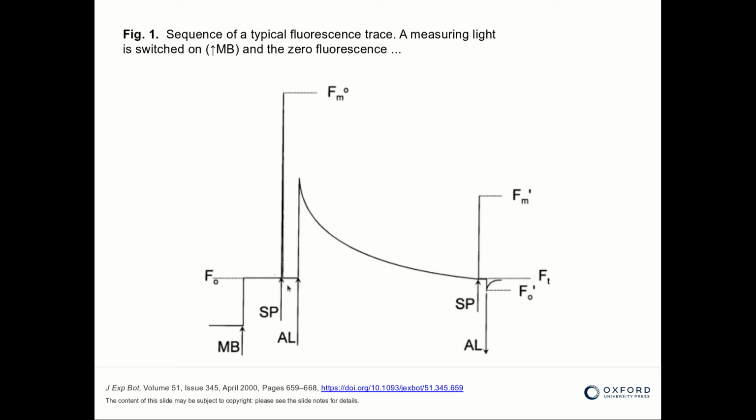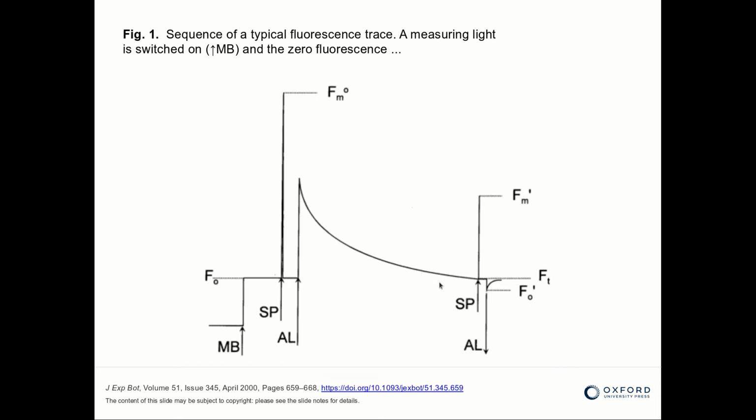And what you'll see originally when we turn it on is a lot of fluorescence, and it slowly goes down. And that's because this other process of non-photochemical quenching turns on, and that is going to dissipate some of the light energy. So after some period of time, what we can do is hit the plant with another saturating pulse, and then we'll measure fluorescence again.